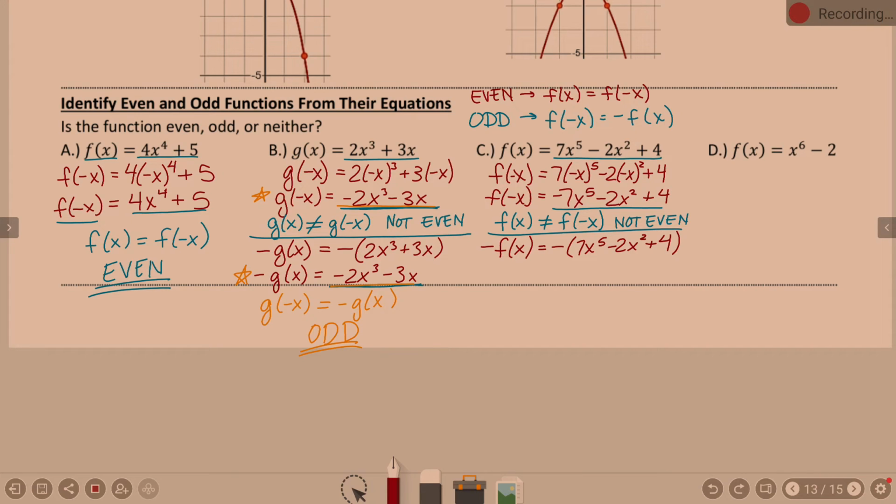And you may not even write the step down I just wrote. You might jump straight to the final answer. Multiplying the whole equation by a negative just means change every sign. So negative 7x to the fifth plus 2x squared minus 4.